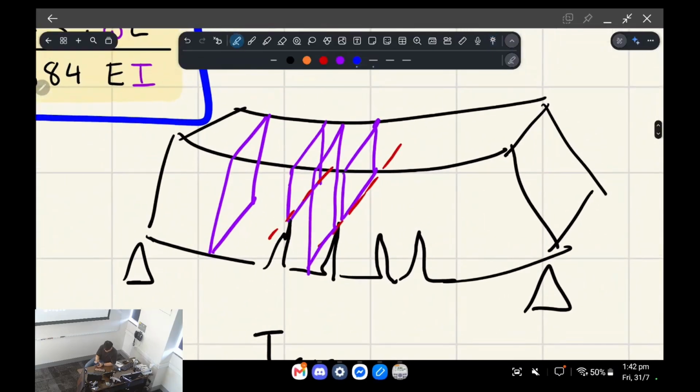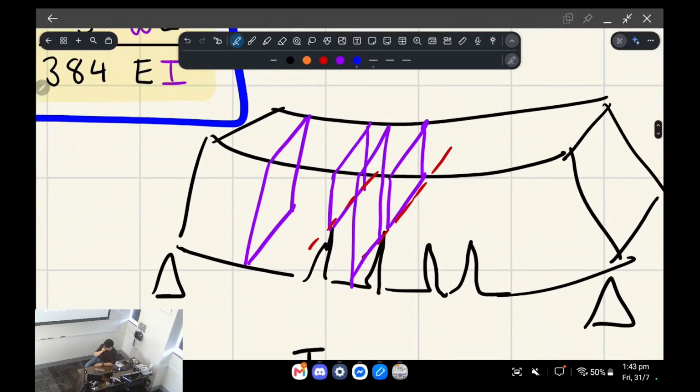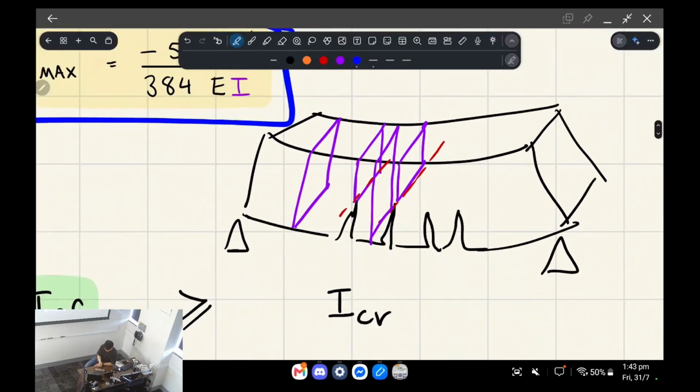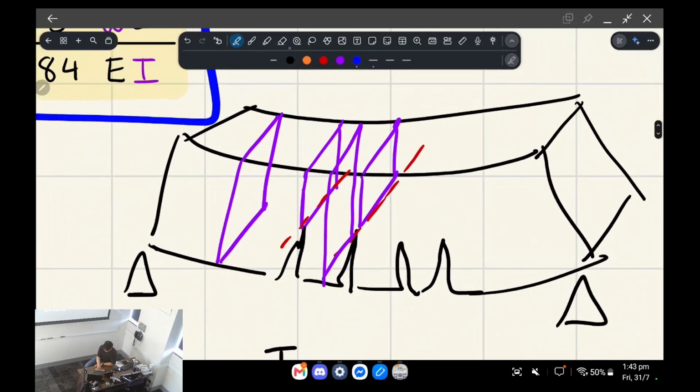a combination of two things. The first thing is it's basically saying that these cracks might not actually go up to the neutral axis in reality, depending on the amount of curvature that the beam's experiencing in flexure. It might be something more like this, for example.